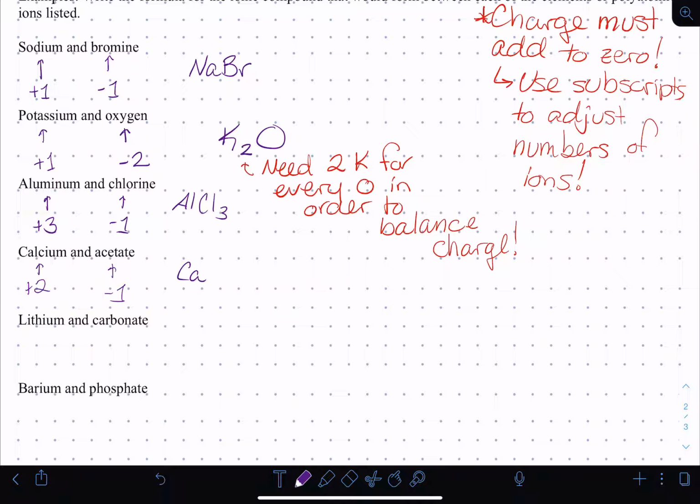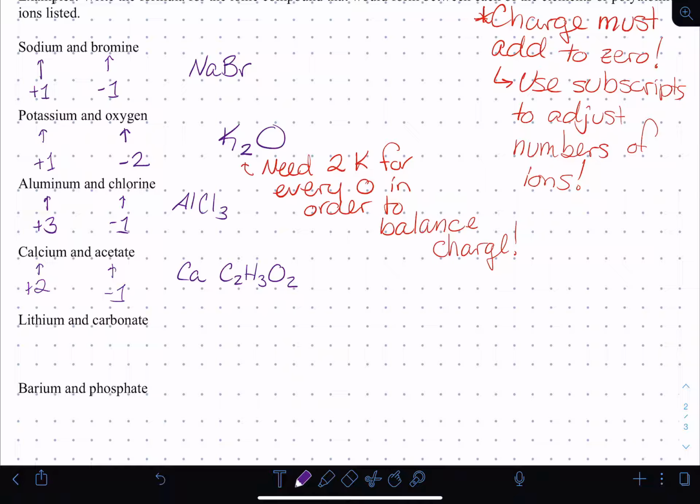But polyatomic ions are special in that this arrangement of 2 carbons, 3 hydrogens, and 2 oxygens, in the case of acetate, is functioning like one particle, like one thing. That in and of itself is a special unit. That's why it has a special name.